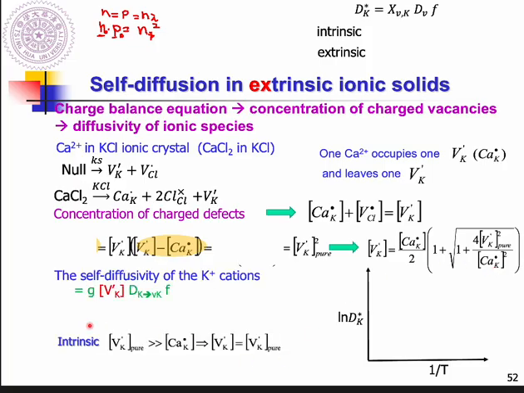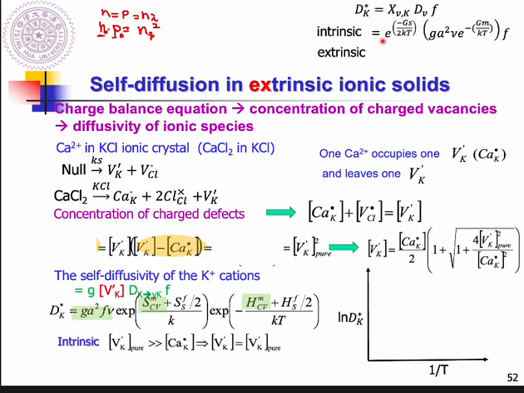So the same idea here, if Vk prime in intrinsic ionic solid material is much larger than this one, I can ignore this and take the square root of just this term. So I will get Vk prime equals Vk in intrinsic ionic solid materials.